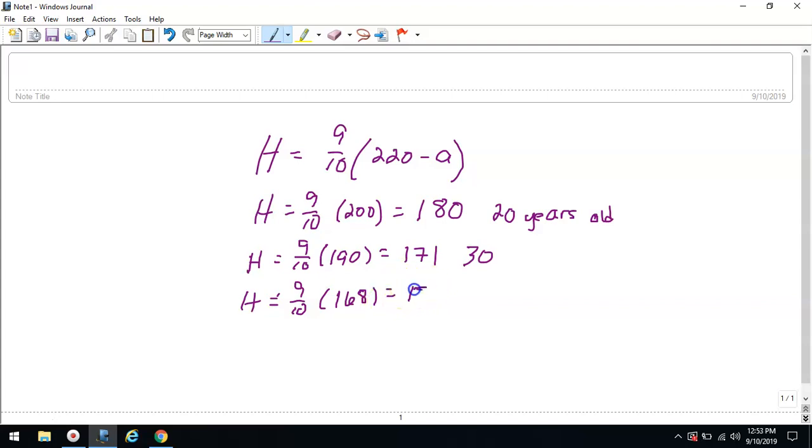So the older you get, the lower your heartbeat should be while you're jogging. I guess that is why, for a 52-year-old, old people have heart attacks, right? They don't want you to have a heart attack. All right, next question.